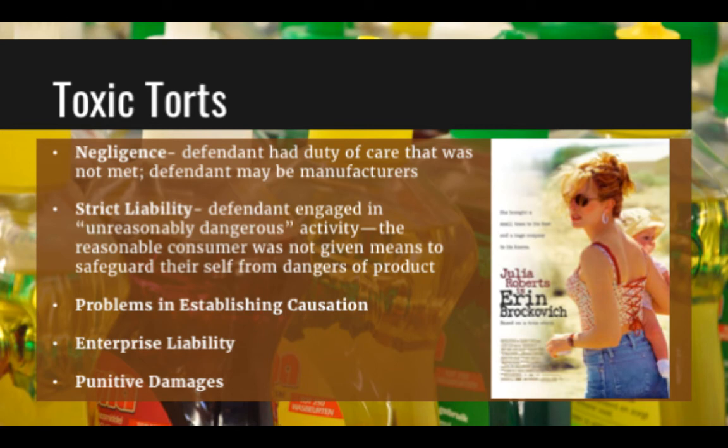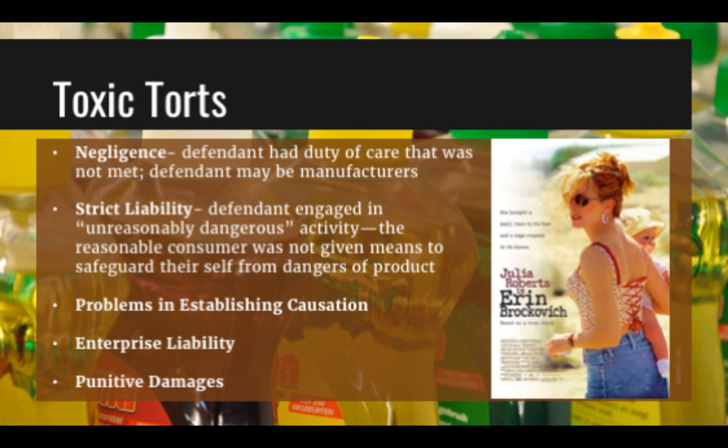Negligence requires a plaintiff to prove that the defendant had a duty of care to the plaintiff and that the duty was not met, and that the failure resulted in injury to the plaintiff that could be compensated by the courts. Manufacturers generally have a duty to not expose others to an unreasonable risk of harm, and they may fail to adequately warn about known or expected dangers of using their product.